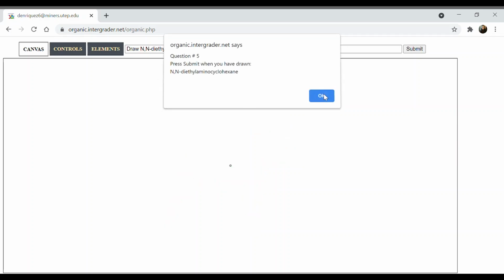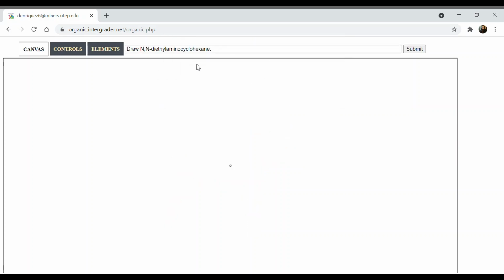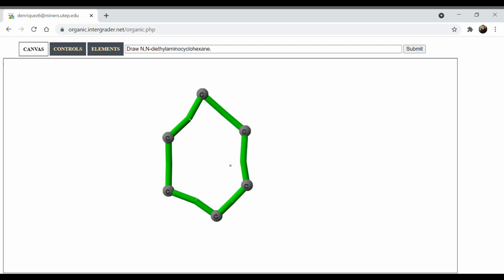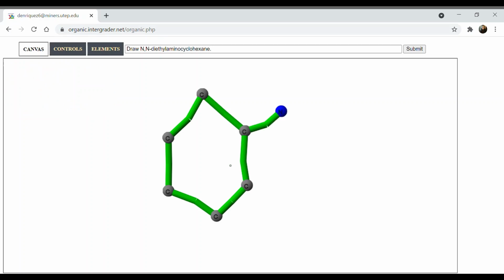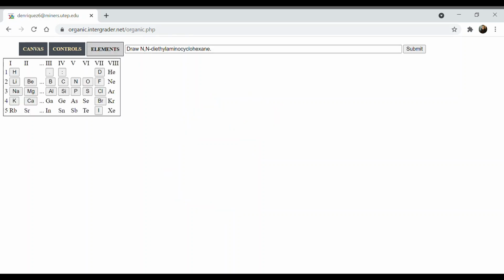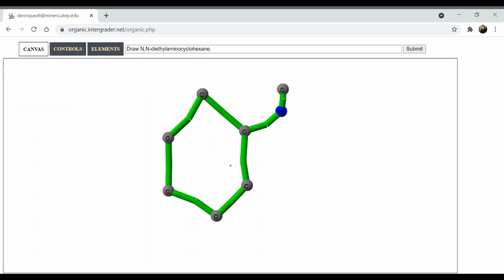Okay, so for the drawing, we see cyclohexane. It's a 6-member ring. There's no aza, so it's just going to be the 6-member ring with all carbons. We're going to add our nitrogen to one of the carbons, and there are 2 ethyls at the nitrogen position, so this nitrogen is going to have 1 ethyl over here and 1 ethyl over here.